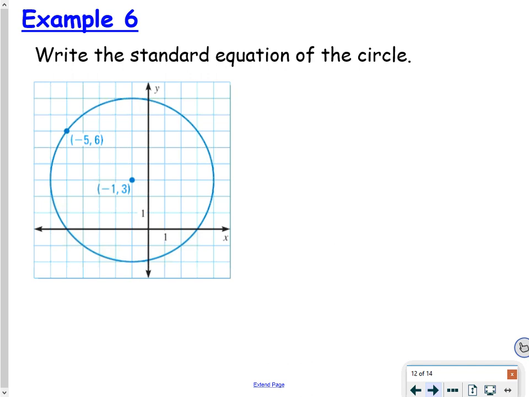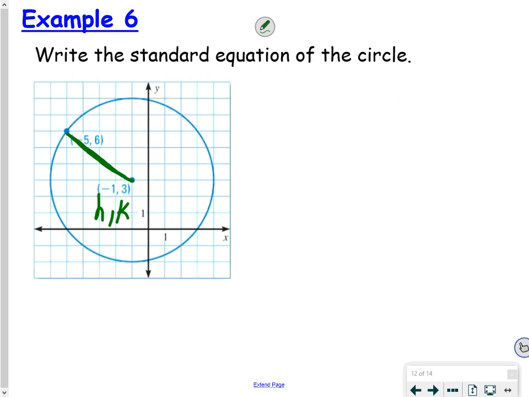So now we're going to write the standard equation of the circle given these 2 points. That's tricky. We've got 2 points. One's the center point, our h comma k, and the other point is just some point on the circle. Well, the standard equation of the circle involves the radius. So the first thing that we've got to do is find the radius.